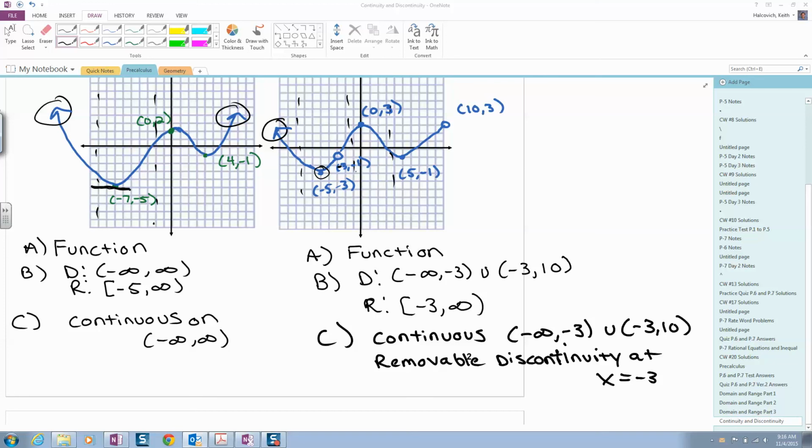Then there's also a removable discontinuity here at x equals 10. So there's two removable discontinuities at x equals -3 and at x equals 10. Those are two removable discontinuities.